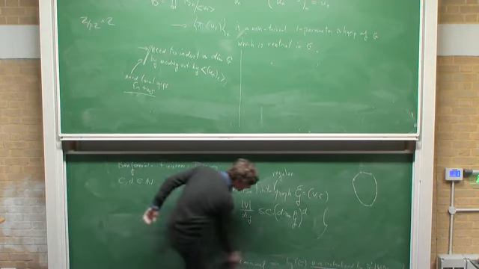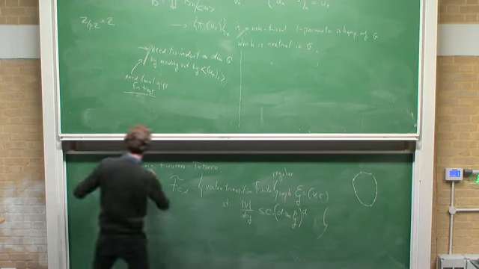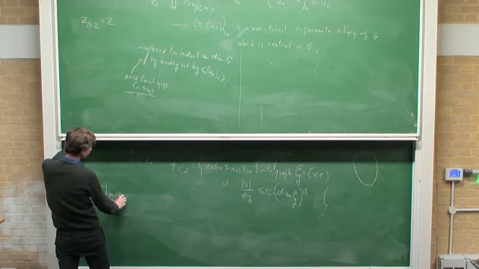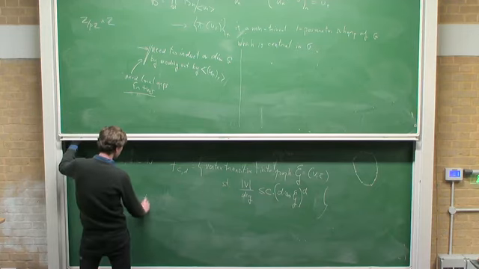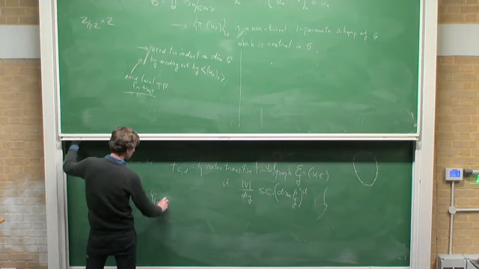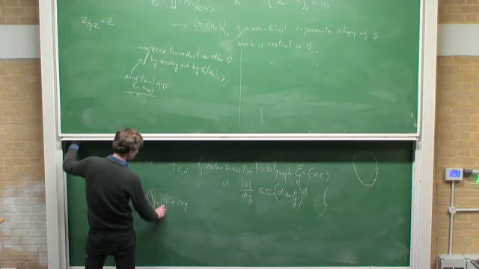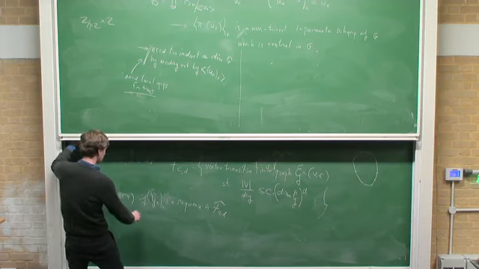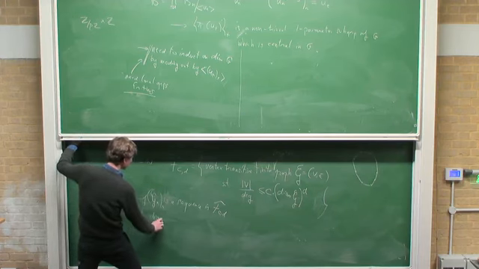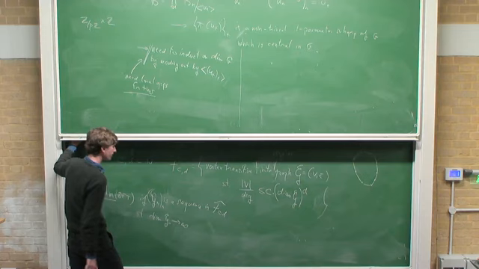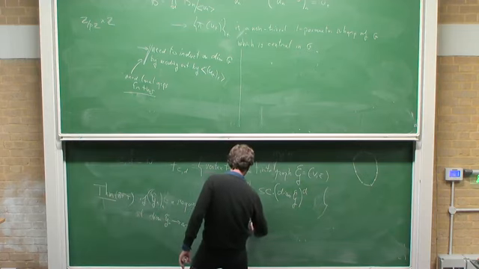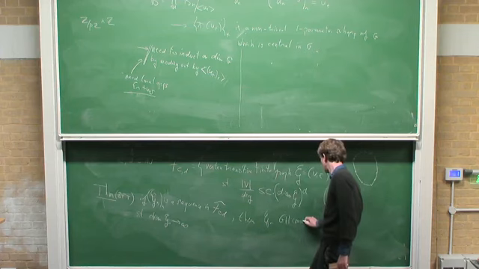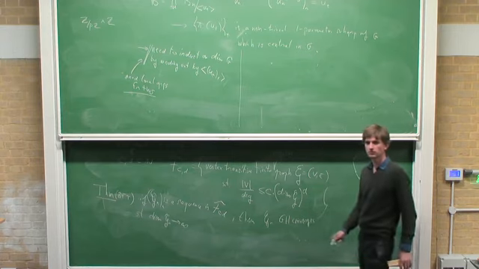Okay. And the theorem is the following. So if V_n is a sequence in this family of graphs, such that the diameter tends to infinity, then this sequence Gromov-Hausdorff converges, first of all.